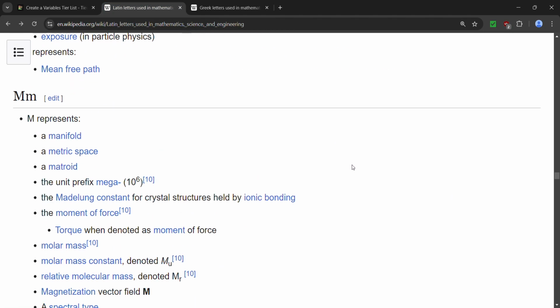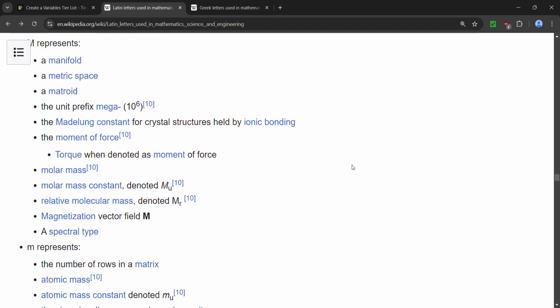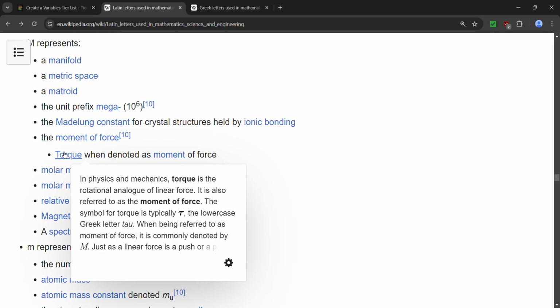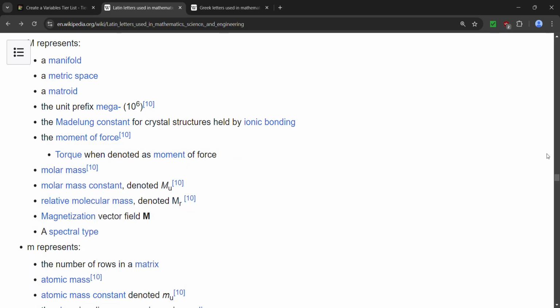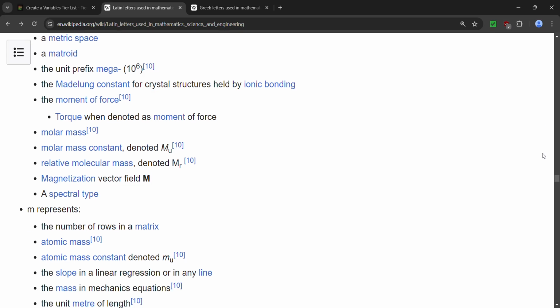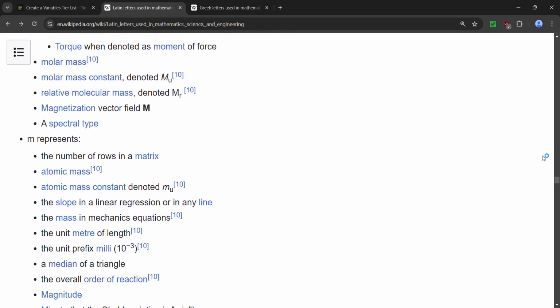Okay, M. What do we got? Manifold, metric space, matroid. Okay, it's already losing me. Never seen it used to represent torque. I think we're missing the big one. It's just mass, right? That's the really big one. There doesn't seem to be a lot of other convincing uses for it here.